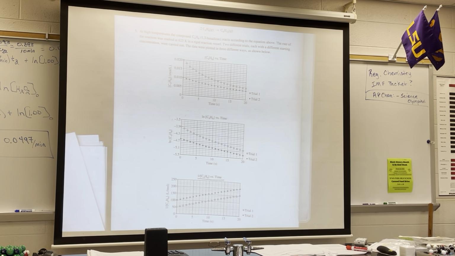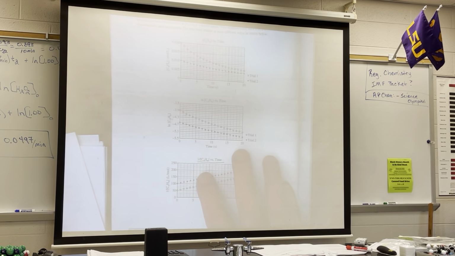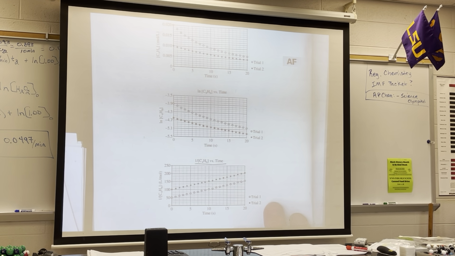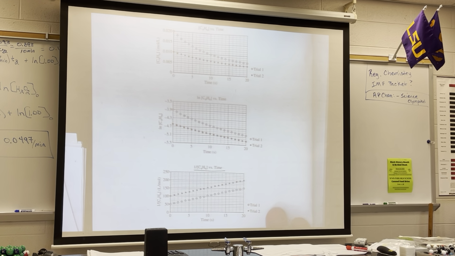Okay? So if I'm looking at this, what's the order of my reaction? Given these 3, which one tells me the order of the reaction? Okay, why the third one?